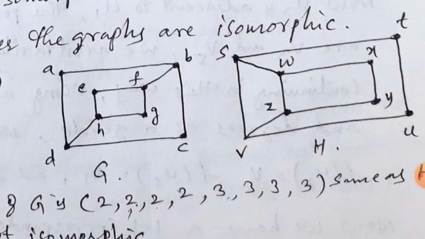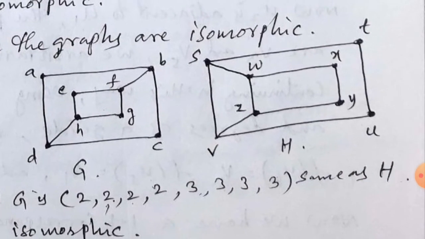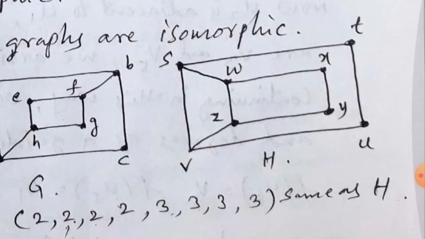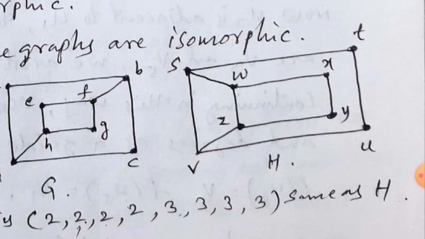Now if A is matched to any of the vertices T, U, X, Y, observe that these are each adjacent to a vertex of degree 2, but A is not adjacent to any vertex having degree 2. So we cannot match A with any one of the vertices T, U, X, Y in H. This is the major thing.